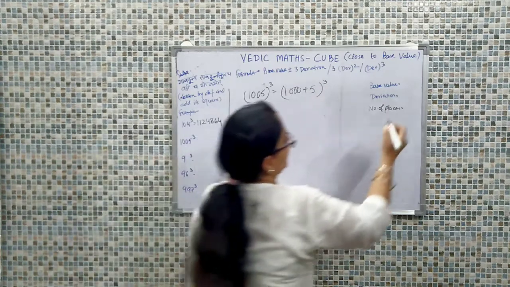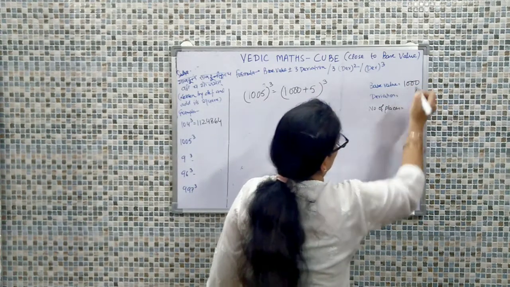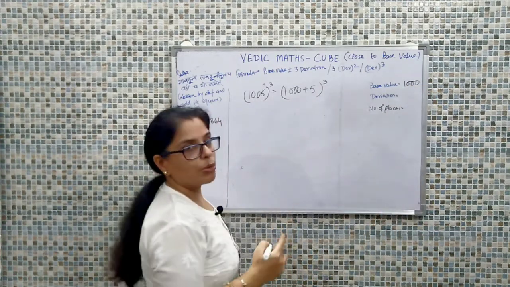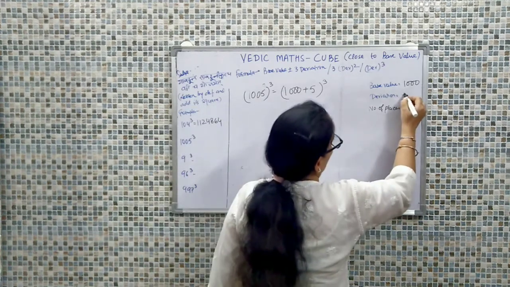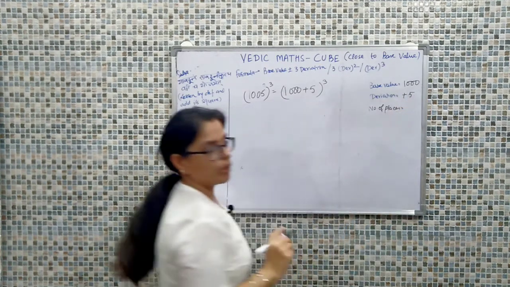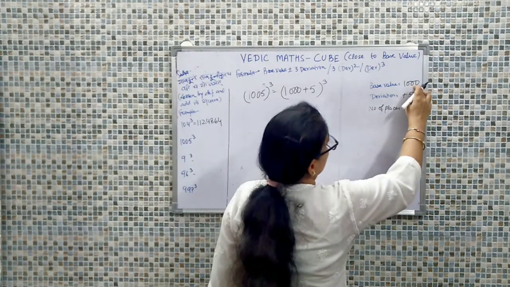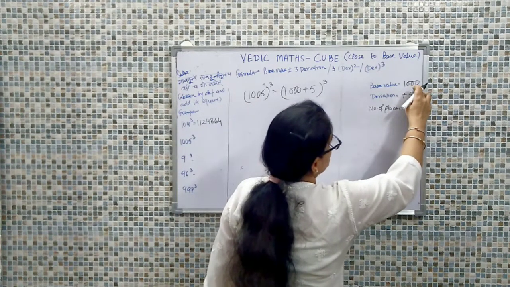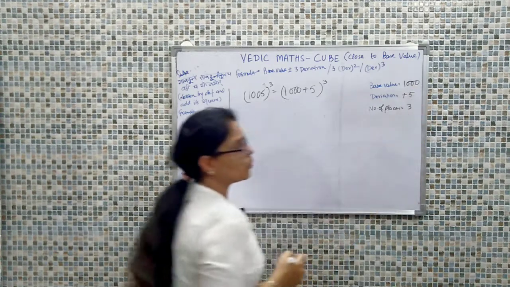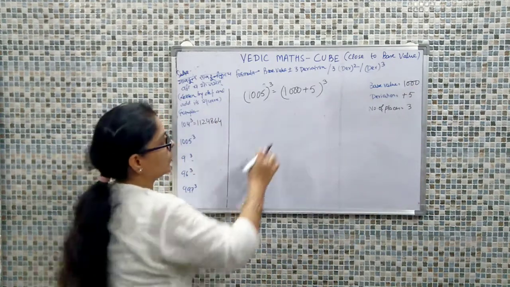So what is the base value? The base value is 1000. The deviation from the base value is above. Above means plus, and how much above? It is 5 above. Next, how many places are there in the base value, in reference to the number of zeros? 3. So each portion is going to have 3 places.